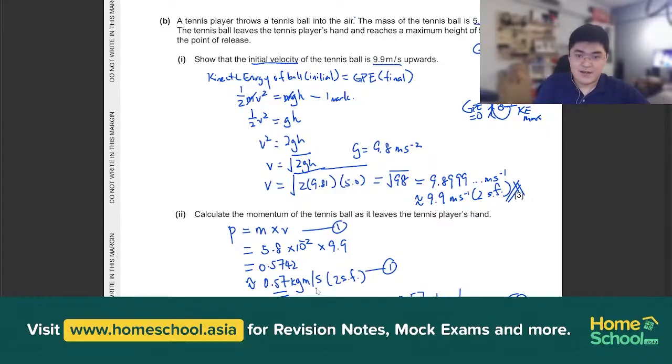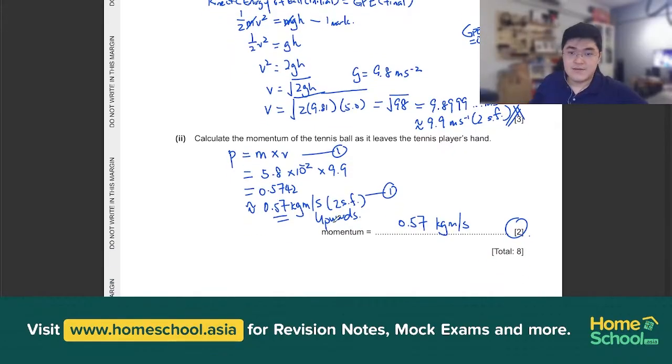So we should write here upwards. Let's keep it as a good habit to always write a direction for any vector quantity. As we have stated before, momentum is a vector quantity.